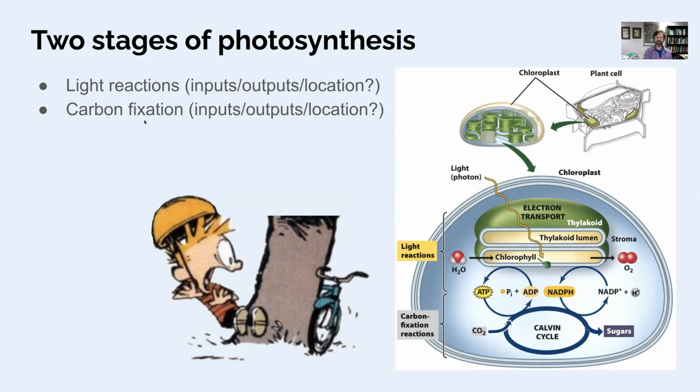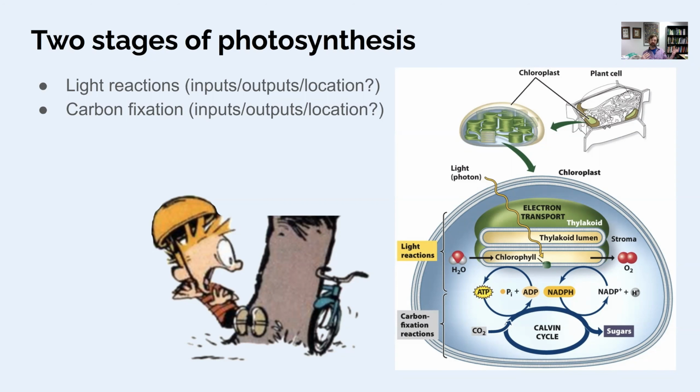We'll use this term a bit. We haven't used the term fixation before. To fix carbon is to take it out of the atmosphere, where it's really not biologically useful, and put it into a molecule where it can be used. Like right now I'm breathing in and out carbon dioxide, and it's not doing anything for my body. It's a waste product.